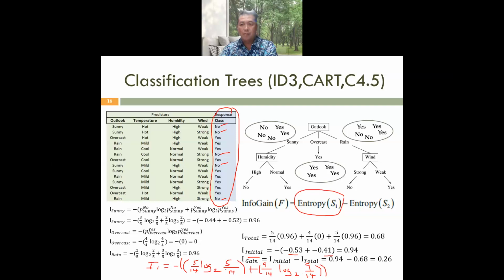So this is the entropy before you split, because they are grouped into one grouping. So you compute all of them, and the initial will be this one.